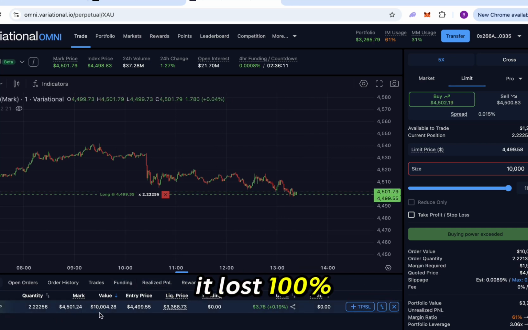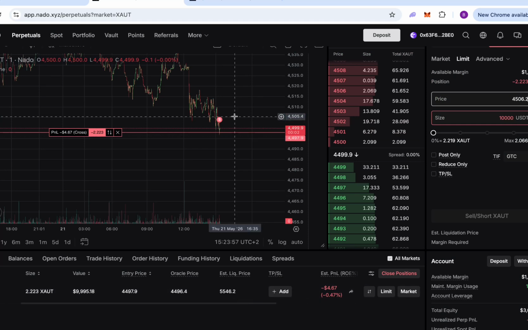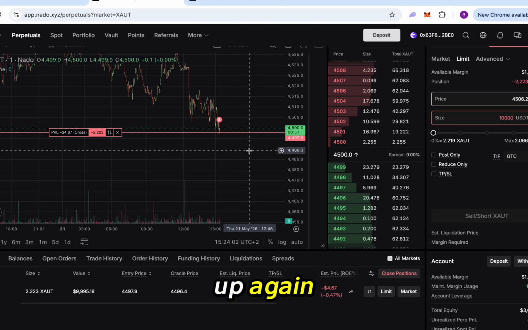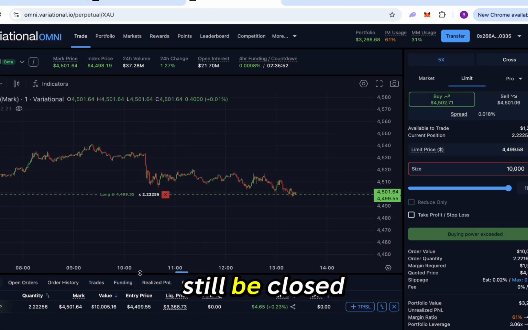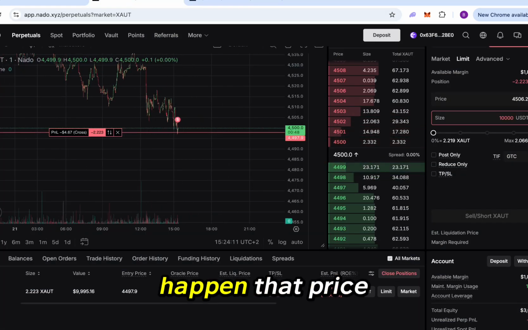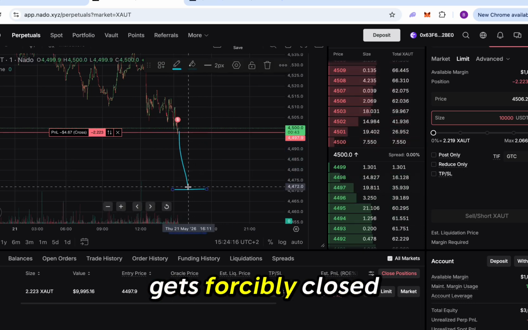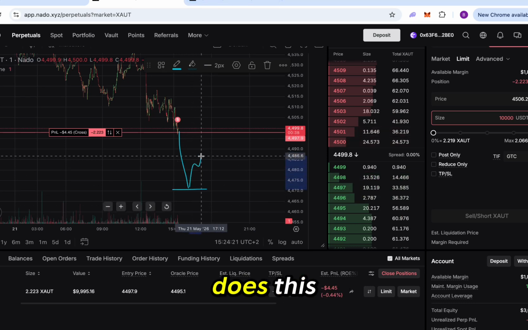It lost 100% of its value. So the position would be closed automatically. This one would be at 2x profit. But what if it was in 2x profit, but then it started going back up again? You would lose your profits on this position, and this would still be closed because you lost all your money. So it could happen that price did this, where your position gets forcibly closed on VAR here, and then price does this.